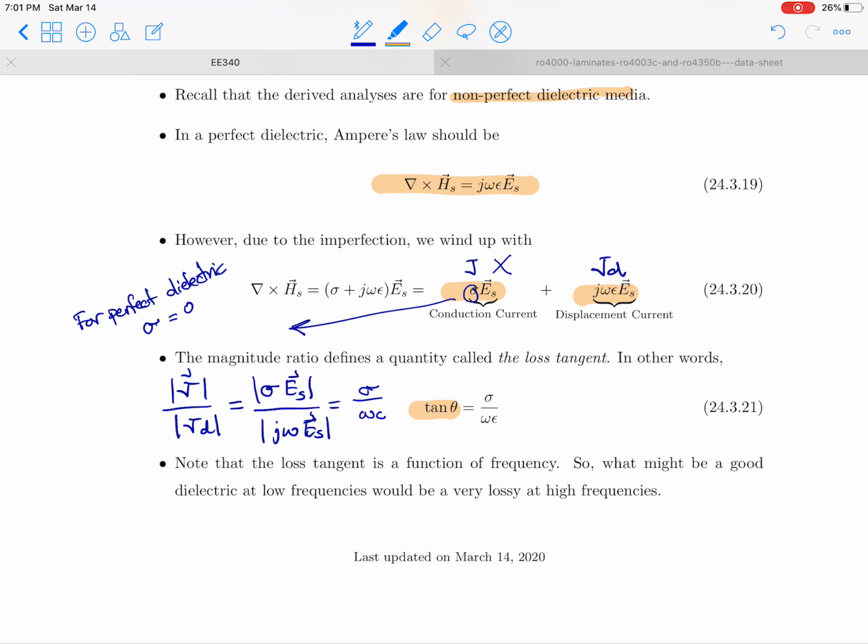So tan theta is known as the loss tangent, and theta is known as the loss angle.